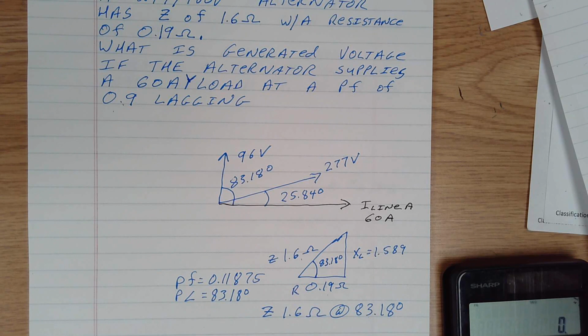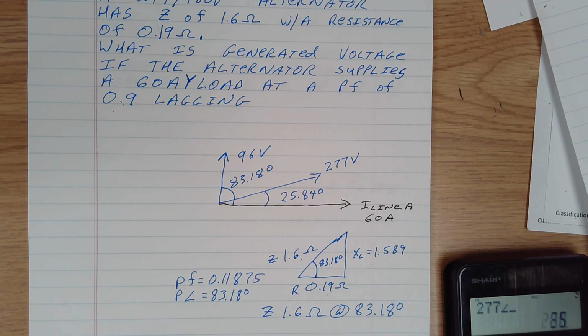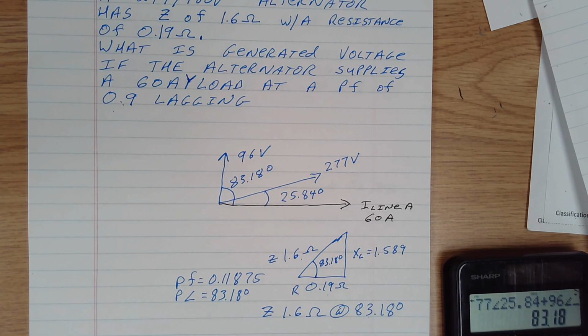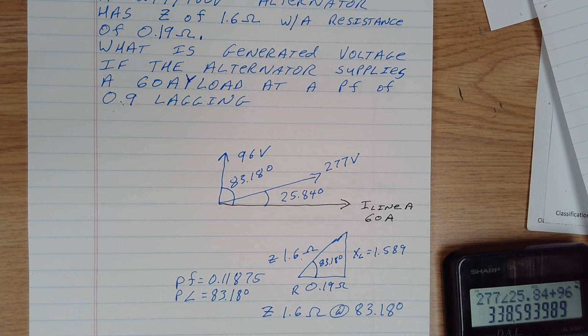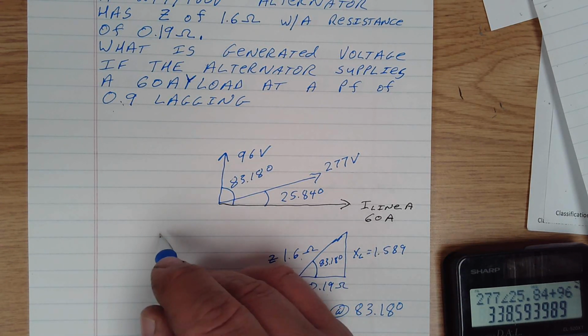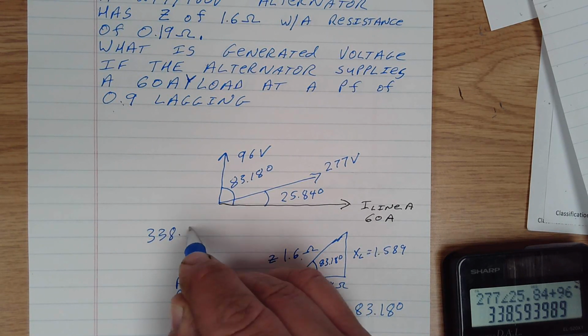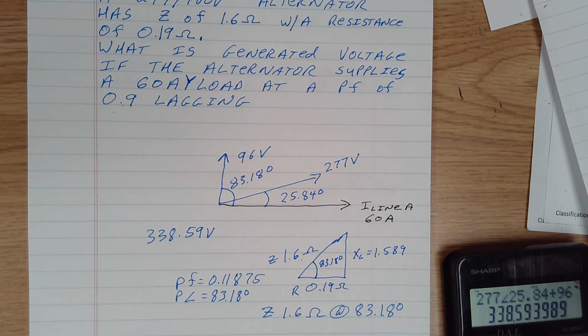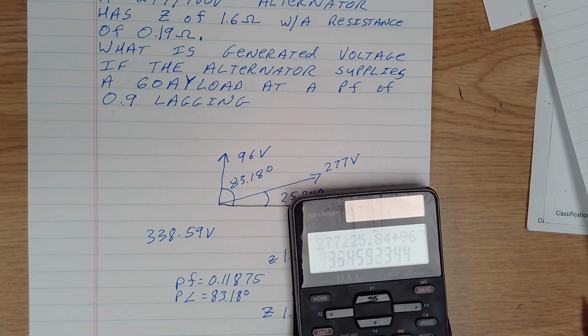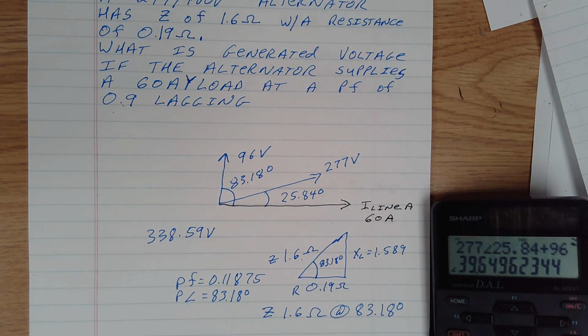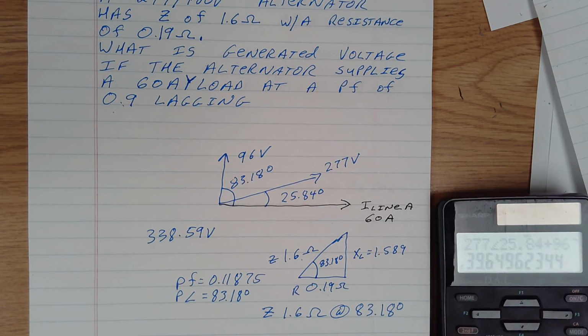So we can take our 277 at 25.84 plus 96 volts at 83.18, and that gives us a generated voltage of 338.59 volts. And then we hit second function exponent, and that is happening at 39.64 degrees.